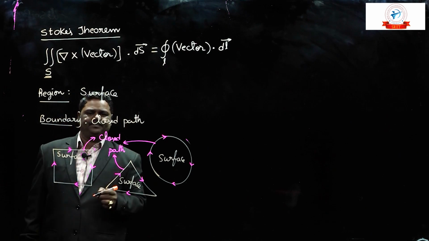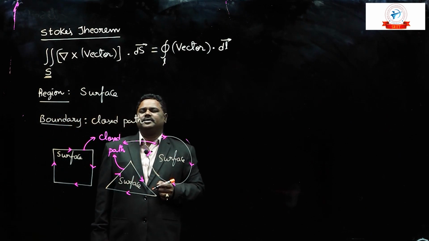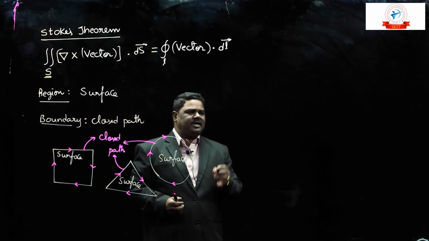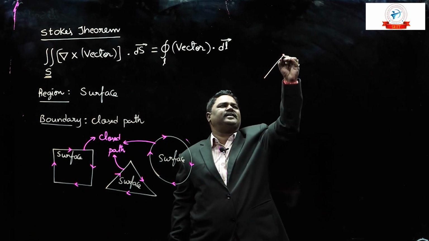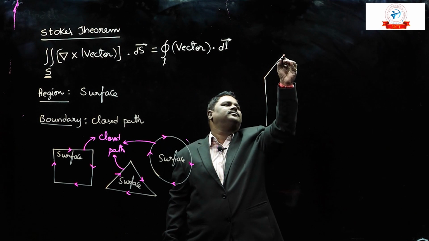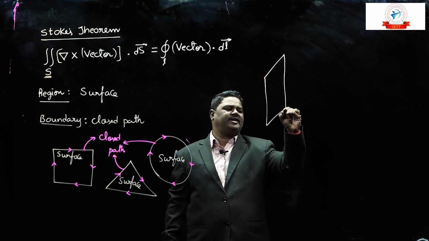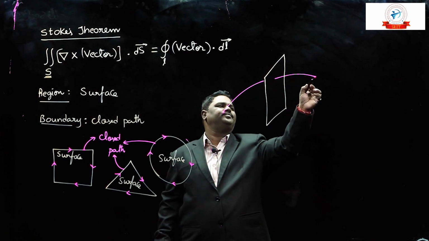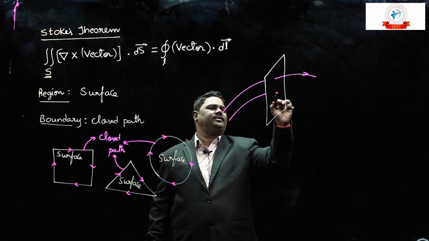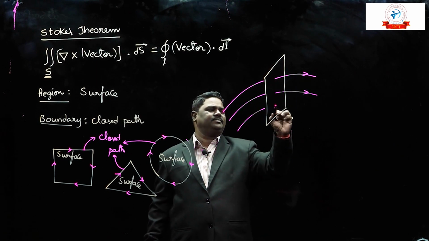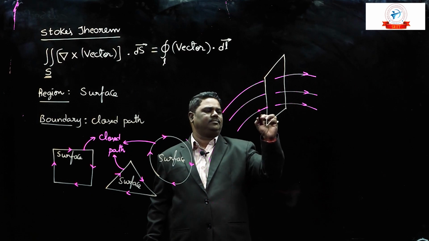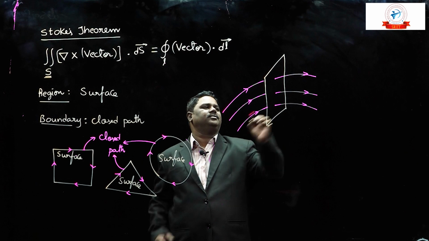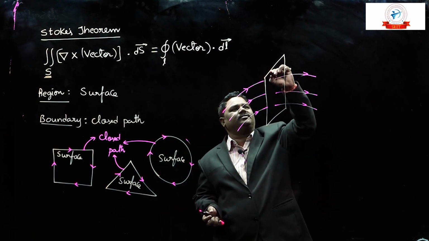Now let me explain the meaning of this Stokes theorem with an example. Let us consider any finite surface, and the flux is moving from left side to right side through the surface. So this is the flux and this is the surface.